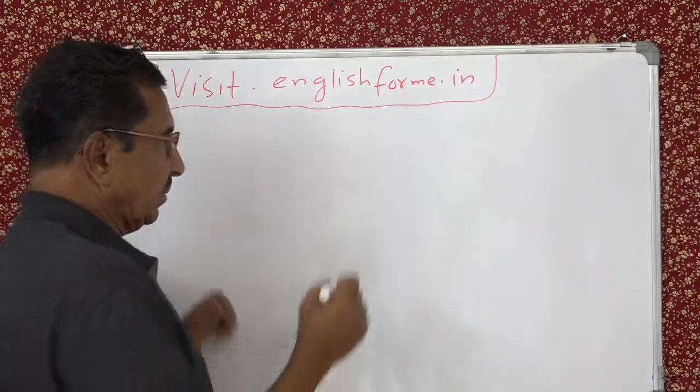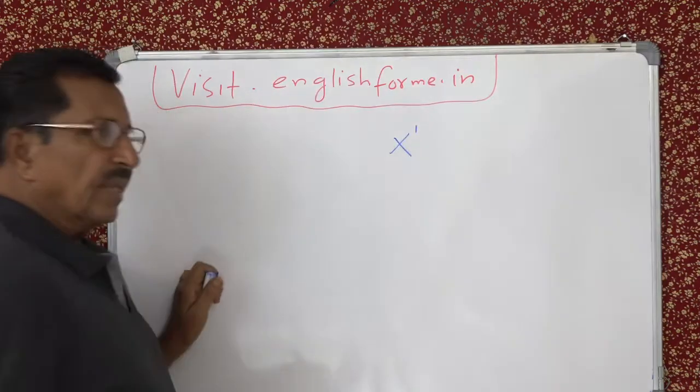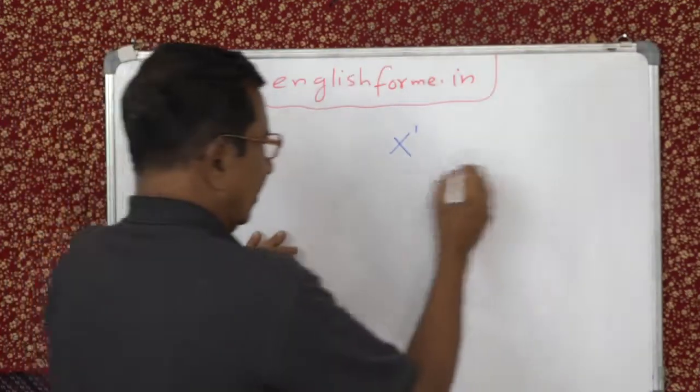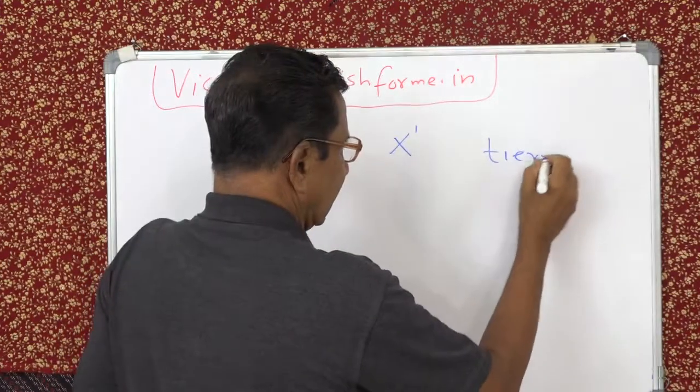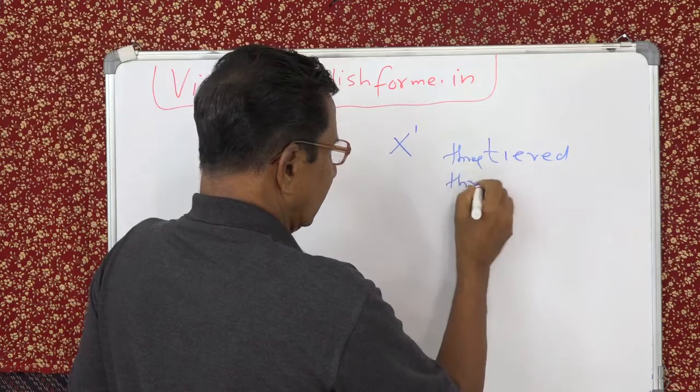Xbar has three levels of projection: three-tiered, or three levels.